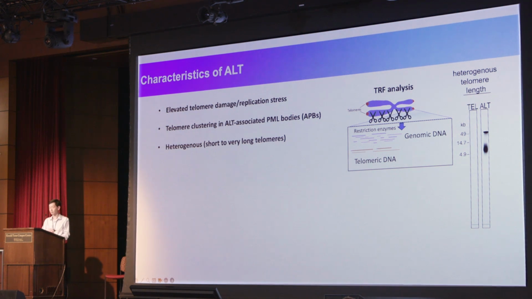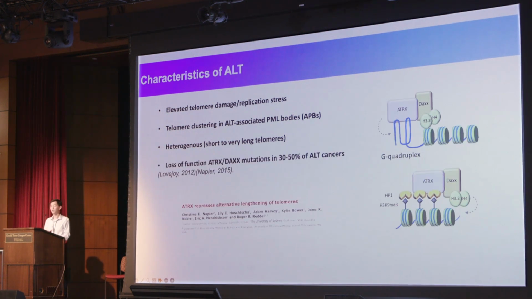Additionally, in terms of the genetic background of ALT cells, a lot of ALT cancers found clinically have loss-of-function mutations in ATRX or DAXX. ATRX-DAXX is a histone chaperone complex that functions together to load H3.3 histone variants at heterochromatin.